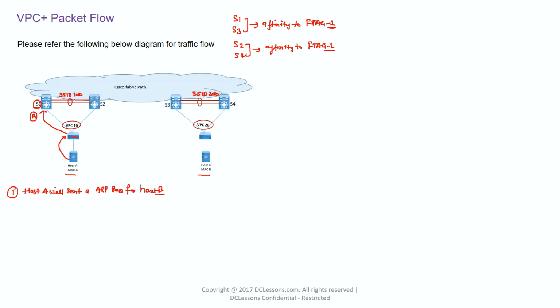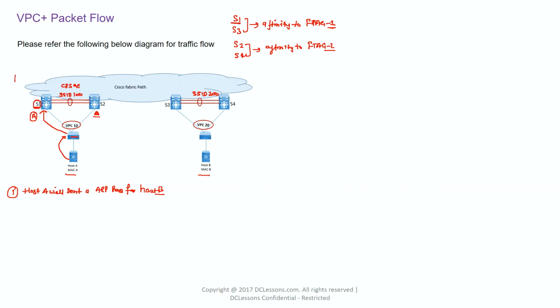And because this is a VPC+, the CFSoE protocol works here, so with the help of the CFSoE protocol, the MAC address is also learned here. Now because this is a broadcast packet, and switch 1 has announced its affinity for FTag 1, switch 1 will encapsulate this packet and send it to switch 3. So what will be its packet header?